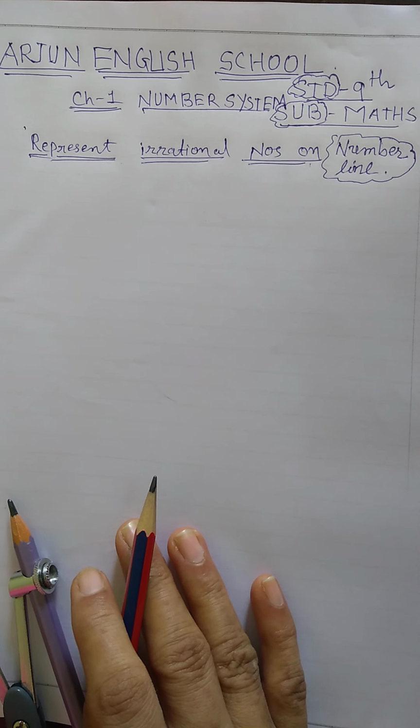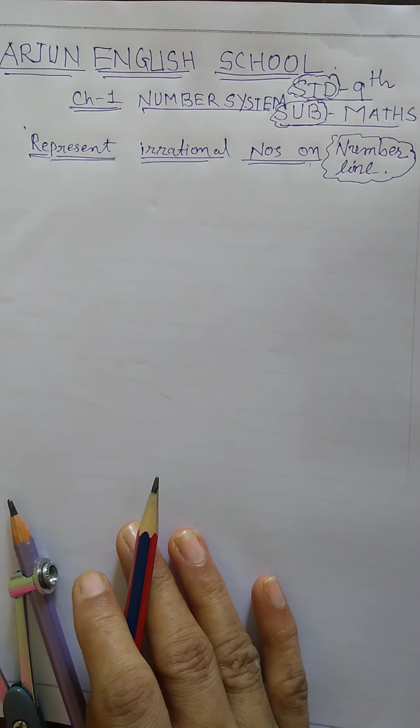A real number is either rational or irrational. So, we can say that every real number is represented by a unique point on the number line, and also every point on the number line represents a unique real number. So, we can represent an irrational number on the number line.